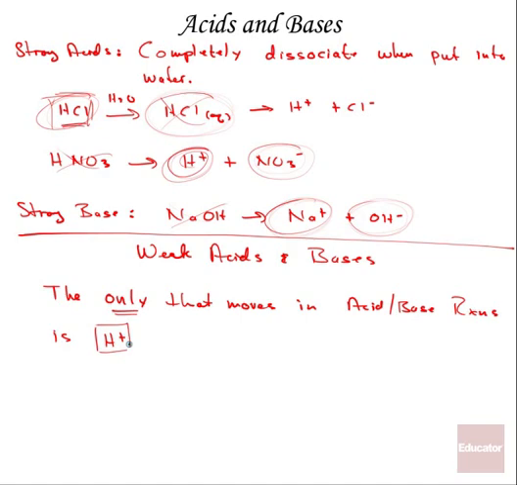Remember that. The only thing that moves is the H+. That's it. H+ is going to bounce from one species to another species. The species that it goes away from is the acid. The species that it goes to is the base. That is all that acid-base chemistry is about. The rest is just math. Okay.